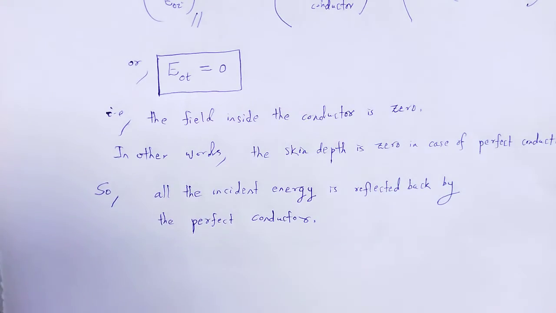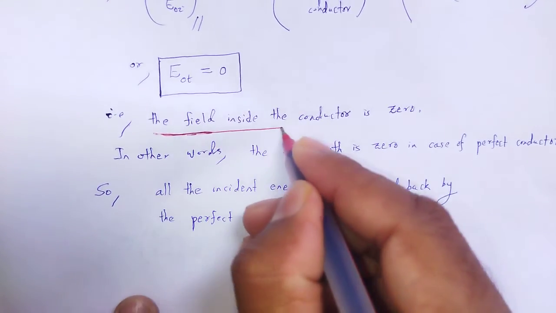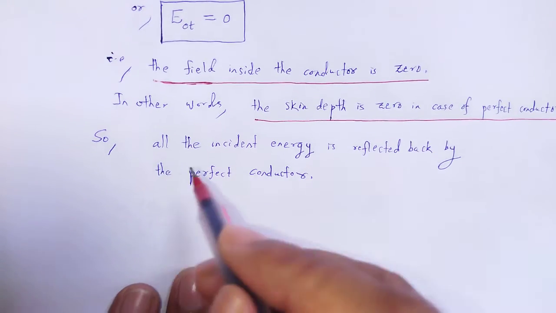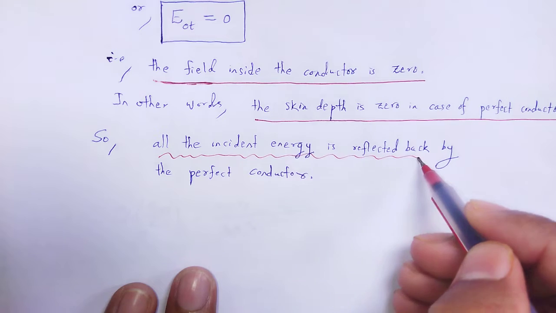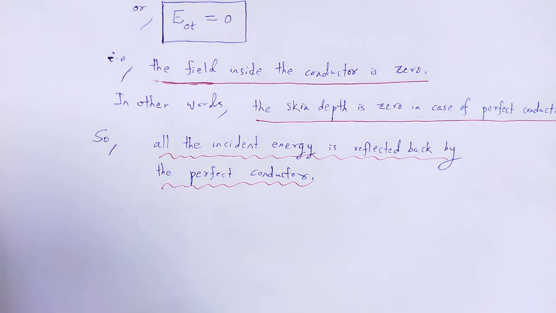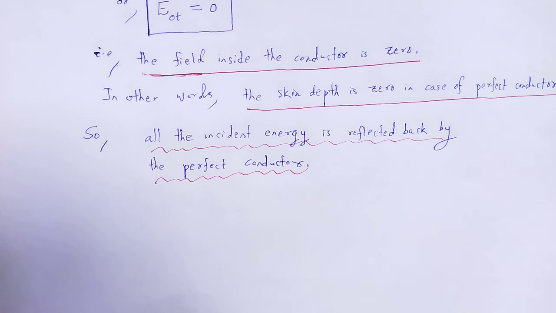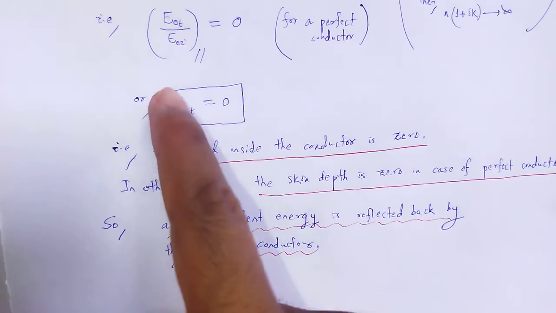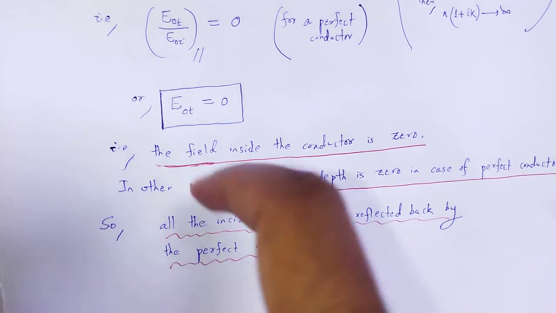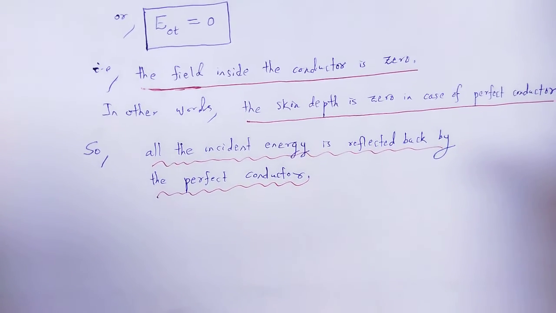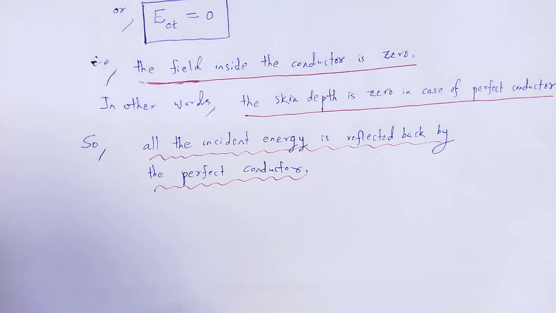We show it mathematically. The field inside the conductor is 0, means the skin depth is 0 in case of a perfect conductor, and all the incident energy is reflected back by that perfect conductor. Next, we showcase what the reflection coefficient will be. Since there will be no transmitted wave component, only the reflected wave component will be there. So, the reflection coefficient can be easily calculated.